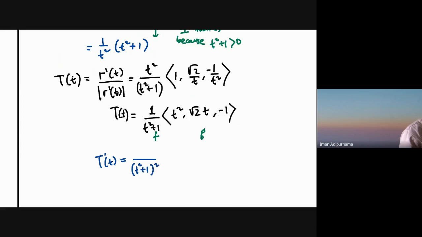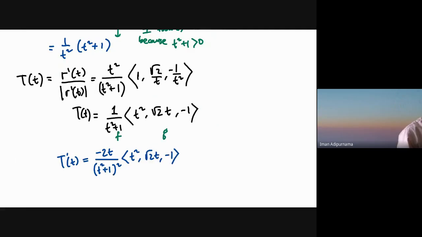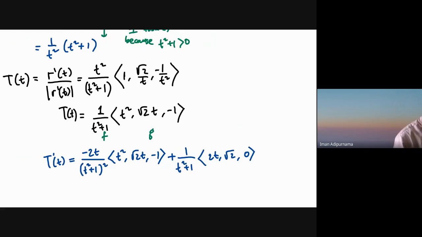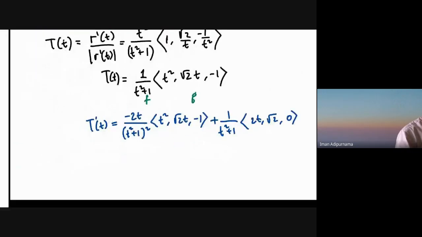So this should be squared here, right? 2t, negative 2t. And this is the same. And plus the other product rule. This is the same. And this will be 2t, square root of 2 and 0. Right? Any mistake here? No, right? Okay.